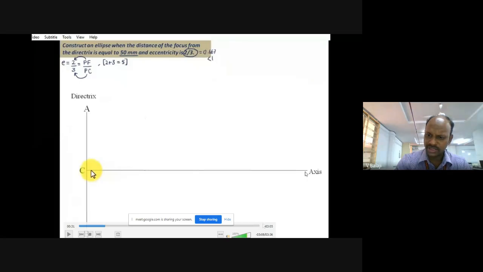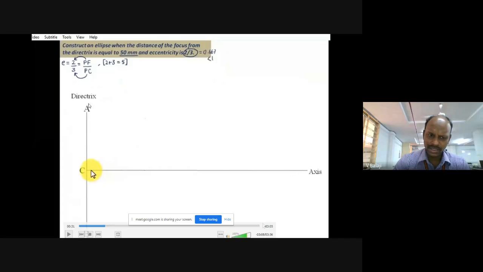The axis is a long line with infinite length, so according to the space available on the drawing sheet, you can take this axis line. And there is one more line perpendicular to that axis, which we call the directrix. Again infinite length, but conveniently you draw some line on the drawing sheet.